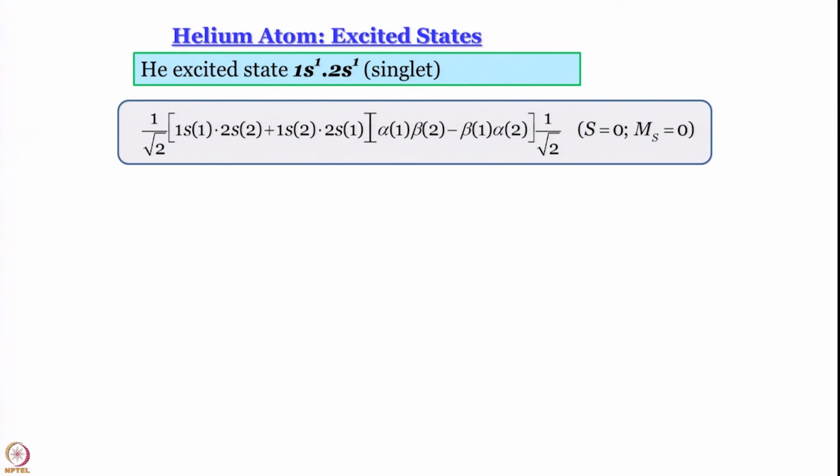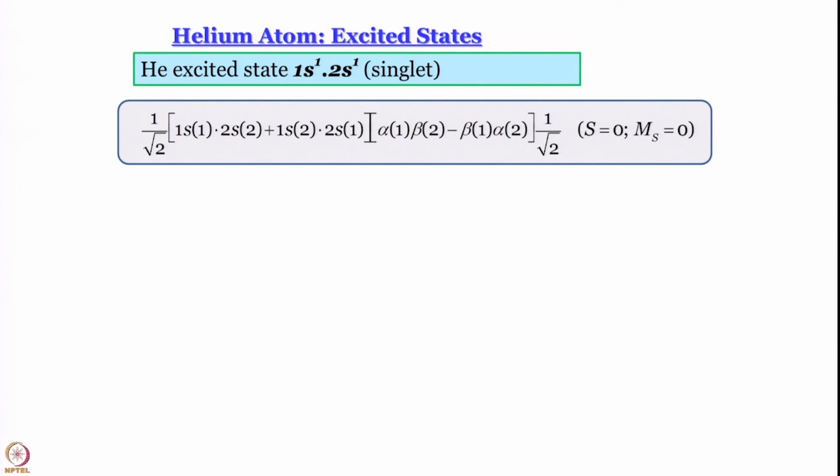To conclude this discussion, let us see what we are going to write for the singlet wave function. As you see, the singlet wave function is almost identical. Well, almost identical is a little oxymoronic. The singlet wave function is very similar to the s equal to 1, ms equal to 0 wave function.